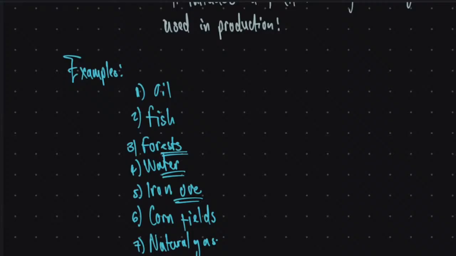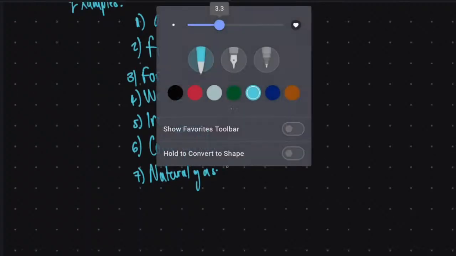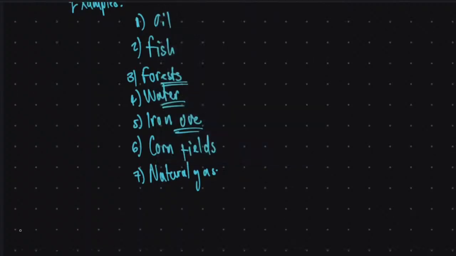It's natural. So I want you to write: anything you will use in your production process that is provided by nature is land.